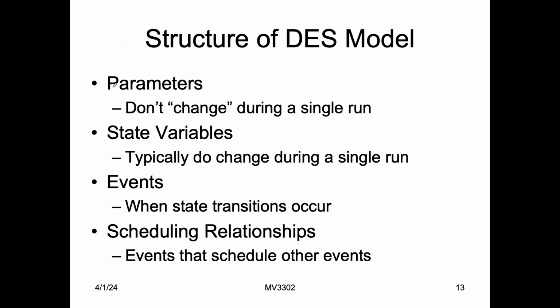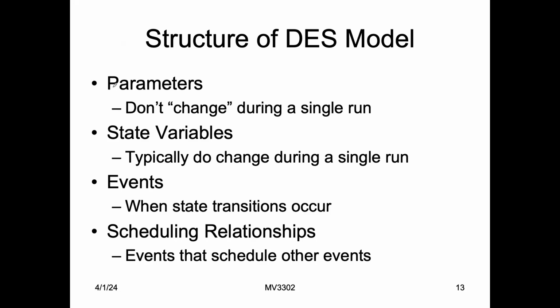And I say typically because it is technically possible for a state to not change for a particular run, but that's only by chance. In other words, by chance, a state that could have changed somehow didn't change. Why? Because the events that caused it to change never happened in that particular execution. Okay, but those are the two variables, parameters and states.